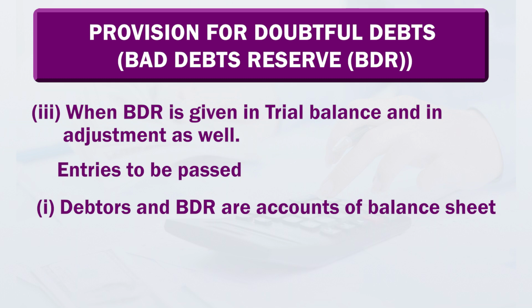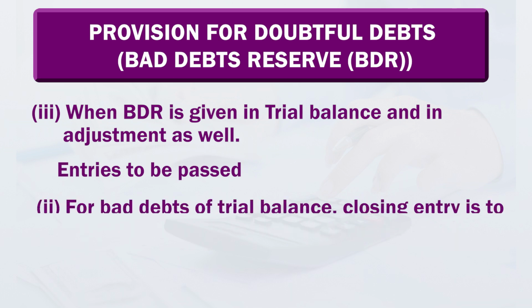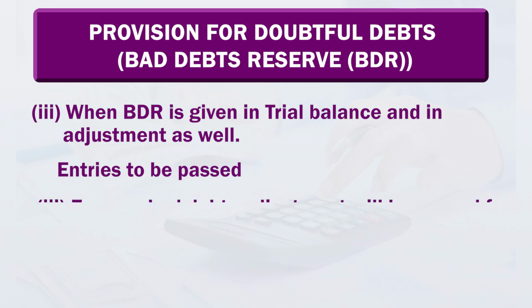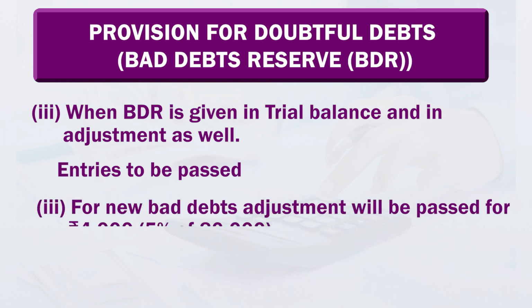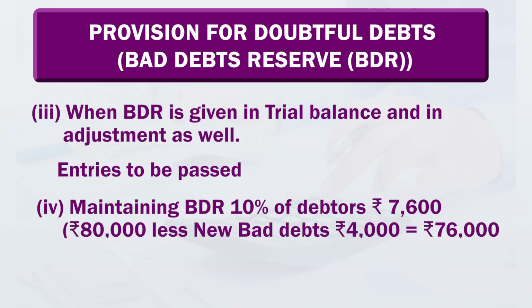Number 1, debtors and BDR accounts are of the balance sheet, thus no closing entries are needed for these accounts. For bad debts of the trial balance, a closing entry is to be passed for rupees 5,000. For new bad debts, an adjustment will be passed for rupees 4,000, that is 5% on 80,000. Then maintaining BDR at 10% of debtors, 7,600.